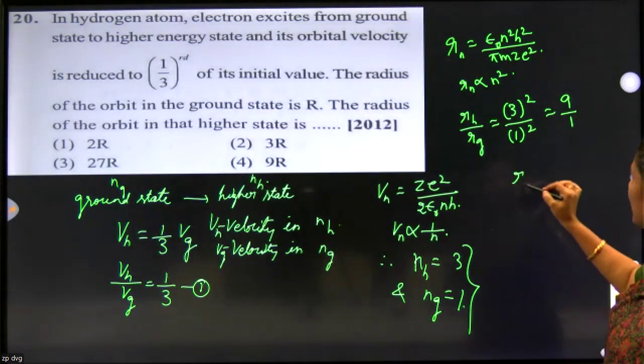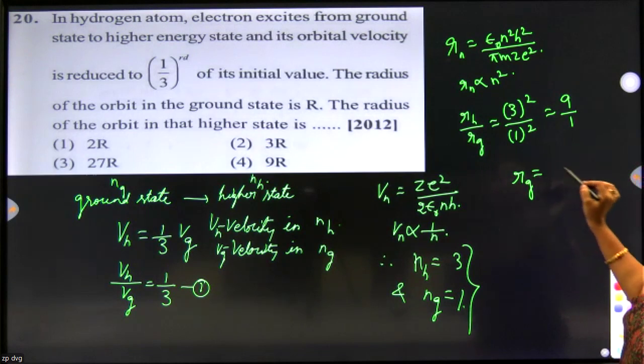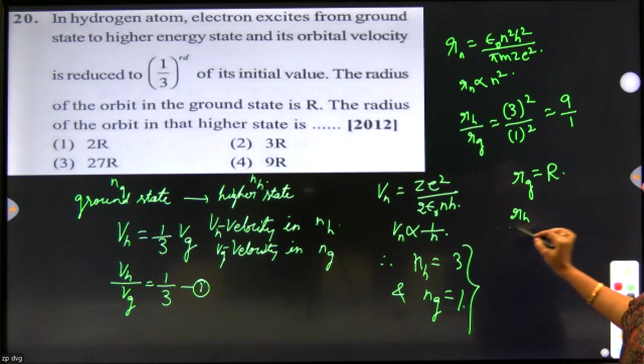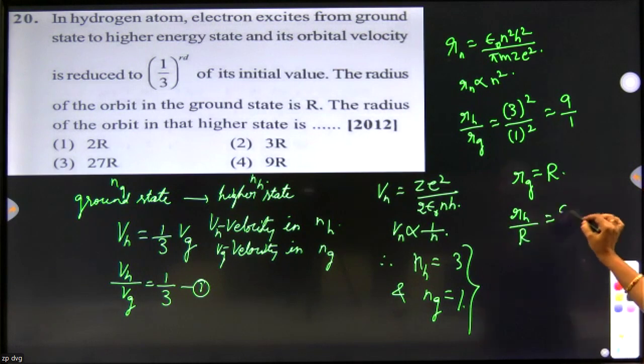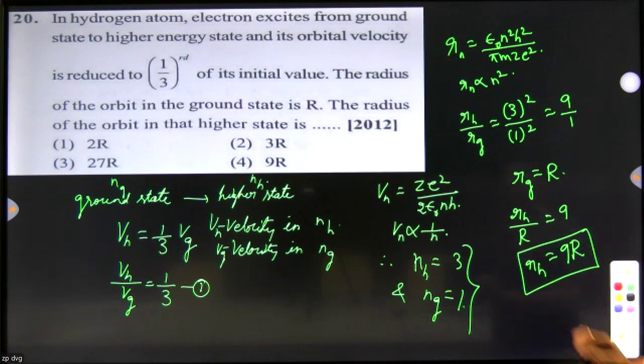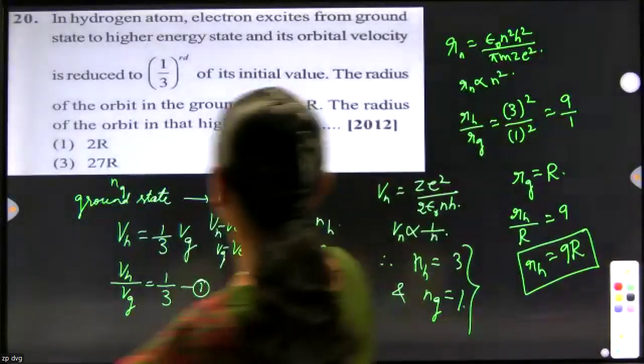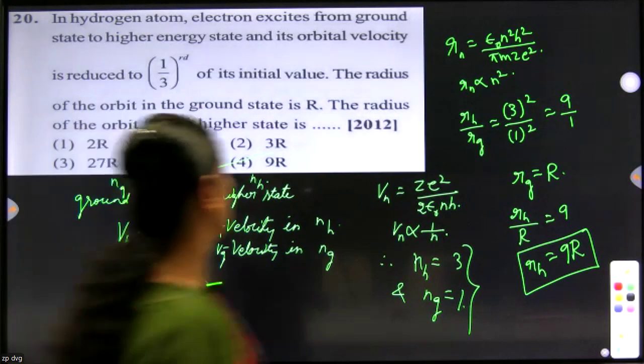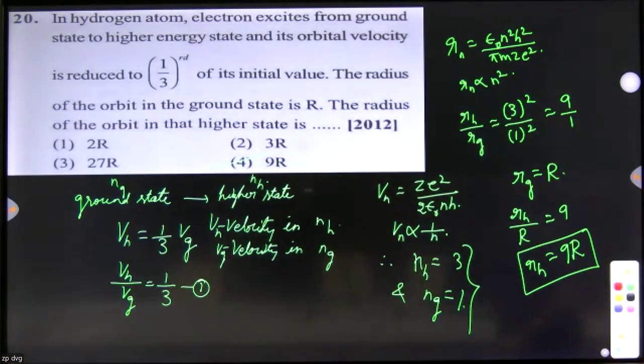They gave that the radius of the orbit in the ground state is R. Therefore, Rh by R is equal to 9, then Rh is equal to 9R. 9R is the answer. The fourth one is the answer.